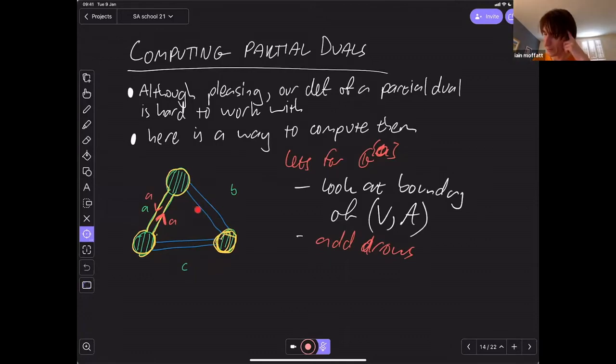I travel around the edge, and wherever they meet my boundary component, I put a pair of arrows. So I get an arrow there and an arrow there. That's going to be my B, two B arrows. And I do the same for this one. I travel around the boundary of my edge and decorate with arrows. I'm going to get two C colored arrows.